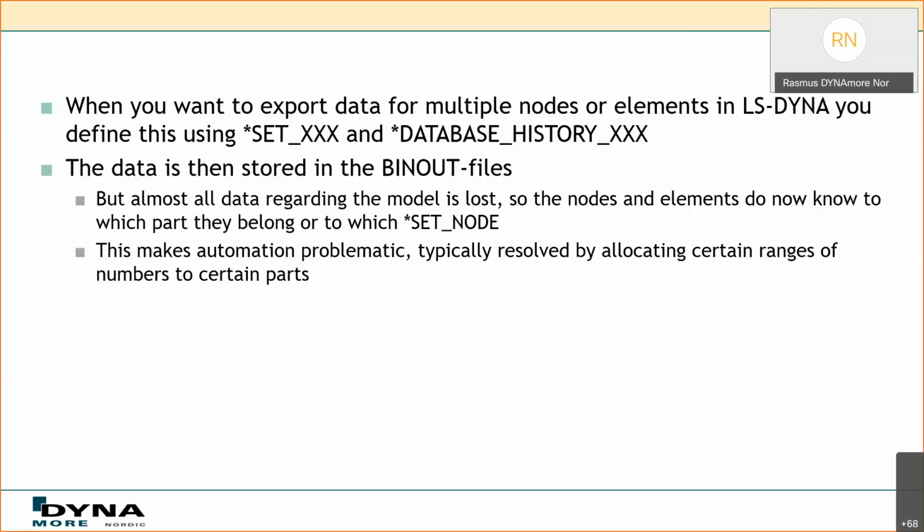Even what the title of the part is, if you go one step further. And this can of course make automation problematic. Not only do they not know where they are, so you can't filter and do some special things, for example, in one area, but all of it gets exported into the same structure.